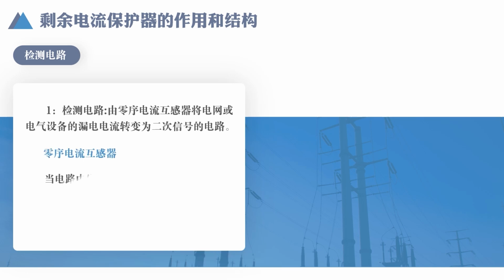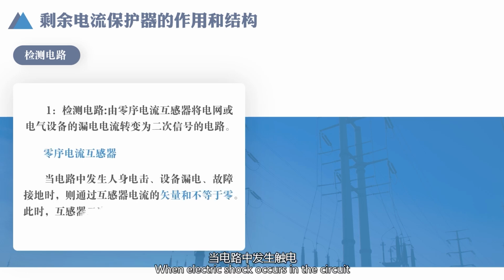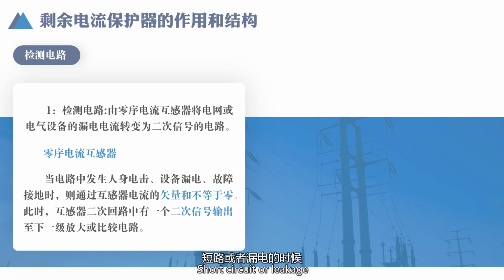As I just said, when electric shock, short circuit or leakage occurs in the circuit, the three-phase balance of the circuit is broken. The vector sum of the currents is not zero. This creates a residual current, or zero-sequence current. The current in the secondary circuit of the zero-sequence current transformer is then no longer zero, reflecting the residual current on the primary side.